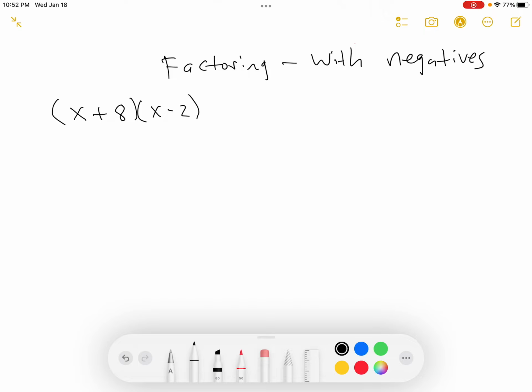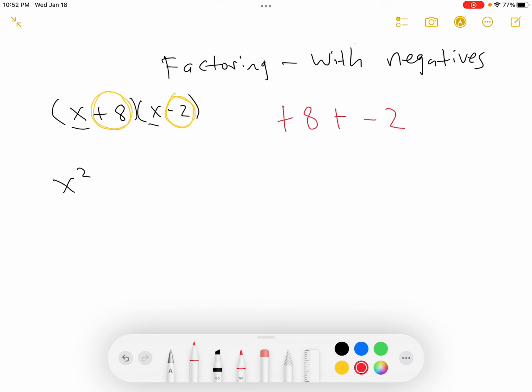If we multiply this out, we're going to get x times x is x squared. Now remember how to get the middle number? I'm going to circle this one, including that plus sign, and this one, including the negative sign, and we are adding those numbers together. So I have positive 8 plus negative 2.